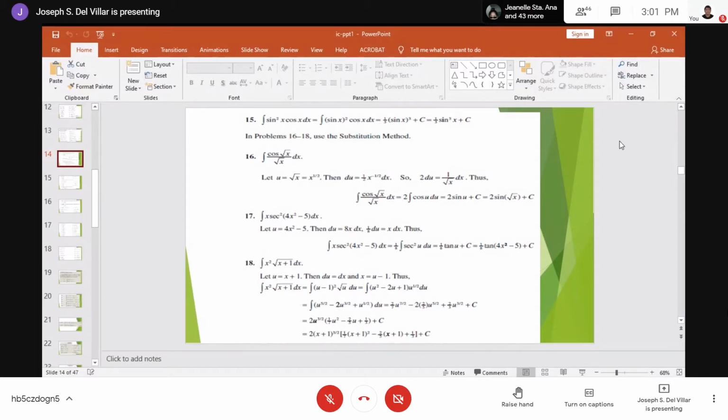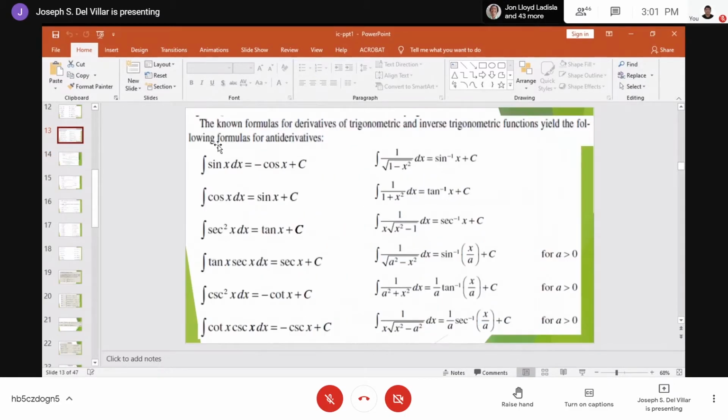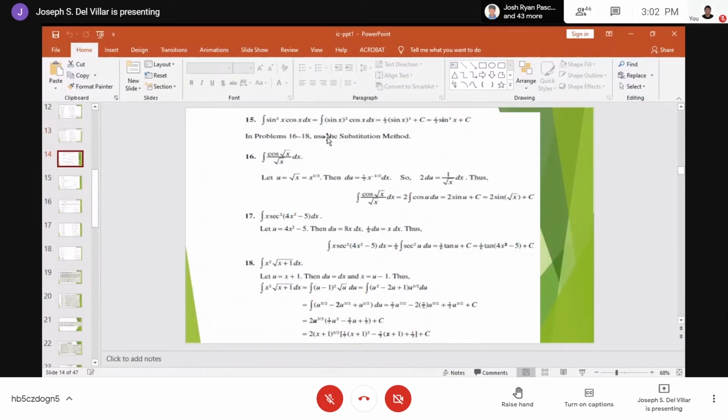But why is it sine x, whereas the formula here is negative cosine x plus c? So what's the difference if you apply this formula and this one? Okay, try to analyze first.